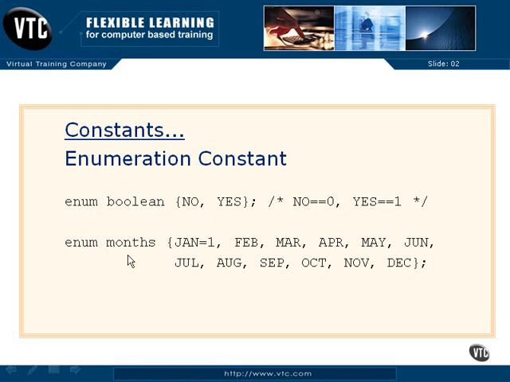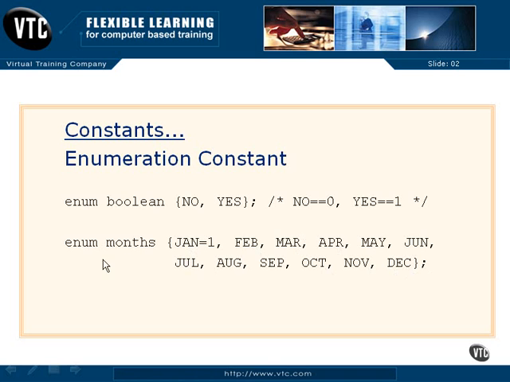Down here, we're going to make up an enumeration constant called months. And months can contain the value 1, 2, 3, 4, 5. As you see, we run down the line here. Notice we said Jan equals 1, January equals 1, because we, of course, didn't want it to start out by default and set January equal to 0. We need it equal to 1. So we can force that on the enumeration anywhere in the list, and the enumeration will just increment the number and run us all the way out to 12 out here.